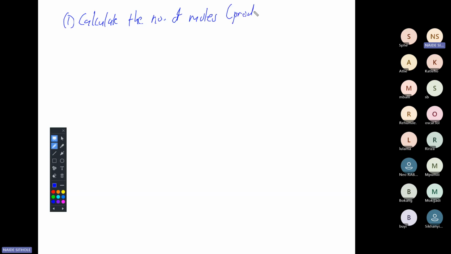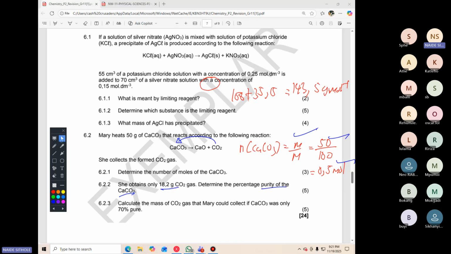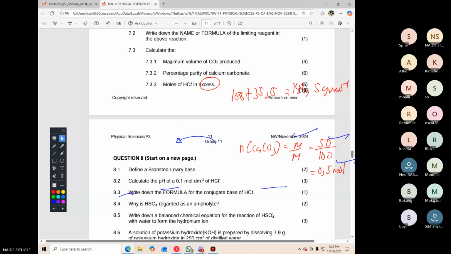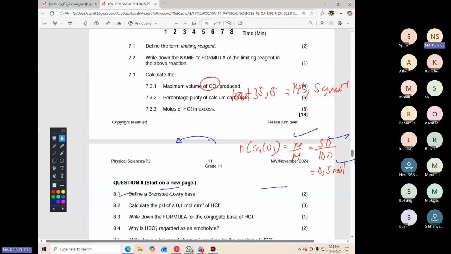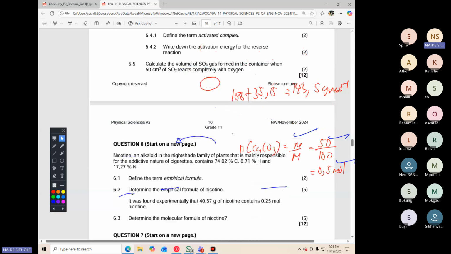In this case we are working with the product, so calculate the number of moles of the product, carbon dioxide. Even in that question we were doing, it was the same thing. You see, these questions are similar, guys.